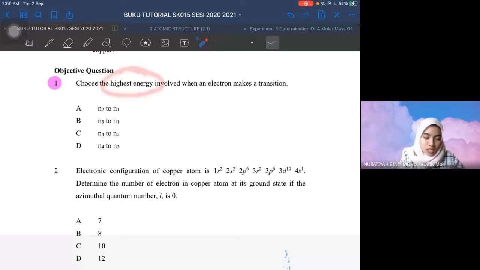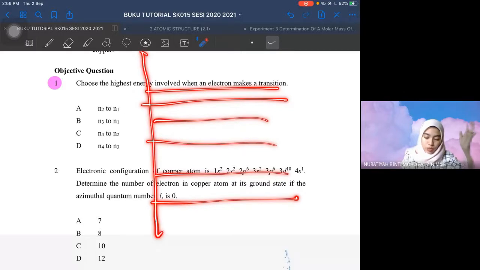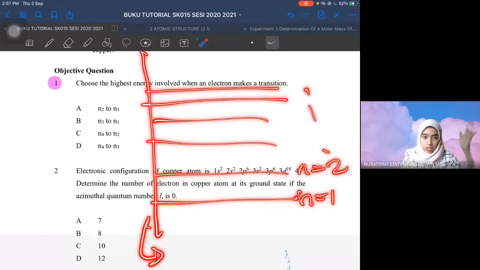For this question, you have to draw an energy level diagram, with n equals 1, n equals 2, and so on. Then you have to draw the line spectrum.